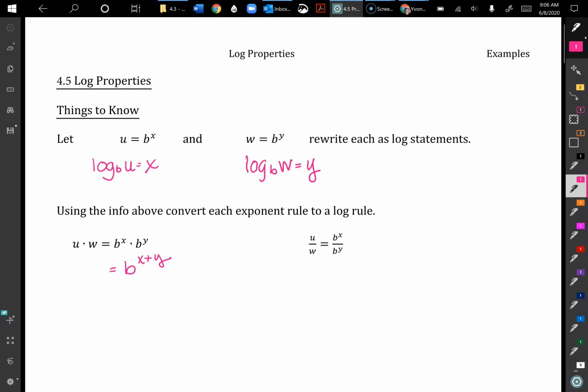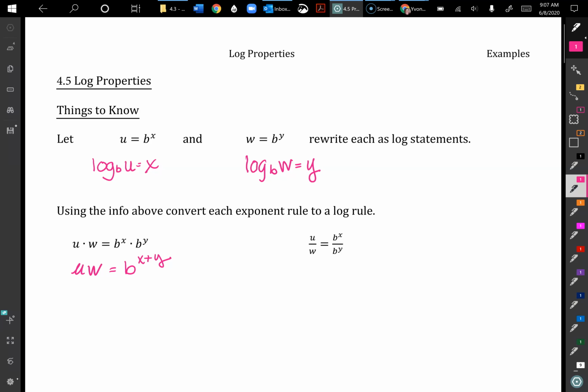Well, when we have UW, we're going to just carry that down. We will have U times W. We know that U equals b to the x, so that's how we wrote this, and W equals b to the y. So now we're going to go to the next line and we're going to rewrite this in log form. So we have UW equals b to the x plus y.